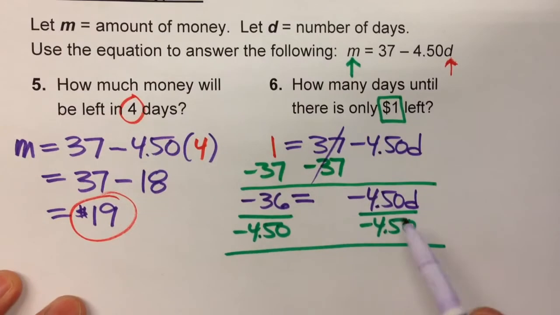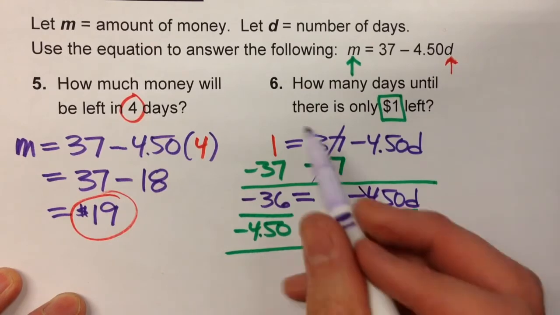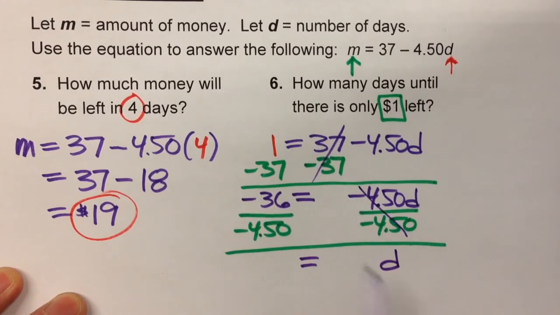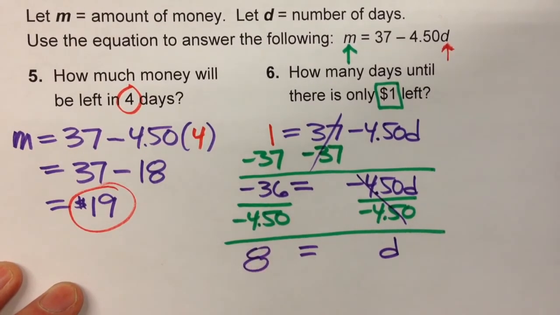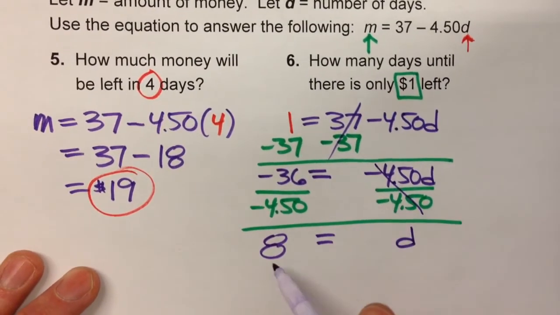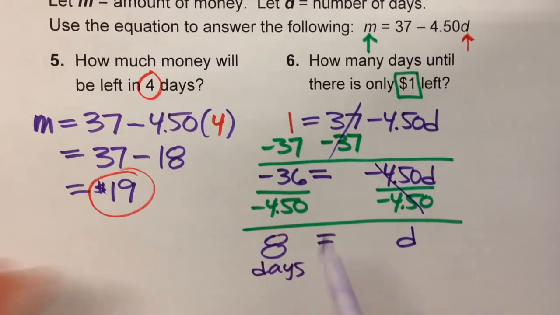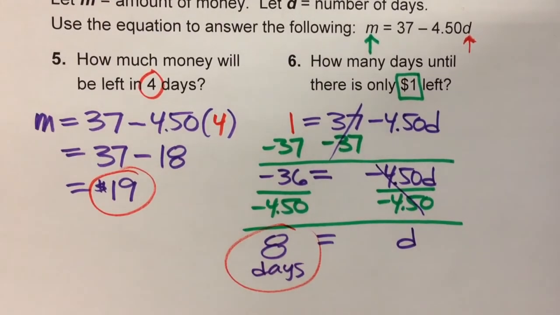And the negative 4.50s undo each other. d drops down. Equals drops down. And negative 36 divided by negative 4.50 is positive 8. So how many days until there's only $1 left? 8 days. Put units on my answer, circle it, and we're done.